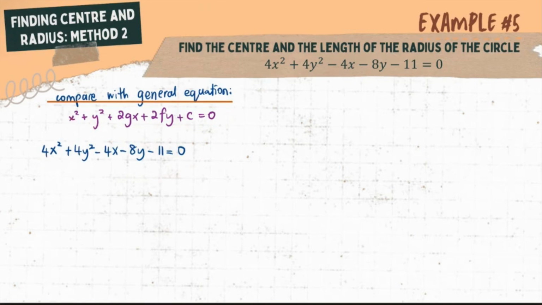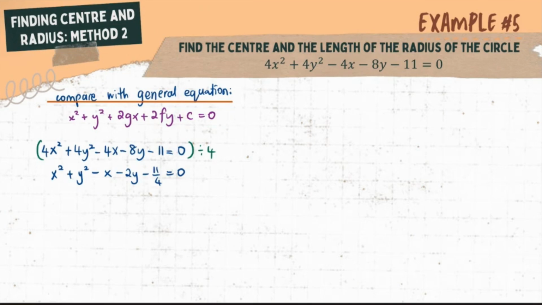So what we are going to do with this question, kita akan bahagikan the whole equation dengan 4. So here we get x squared plus y squared minus x minus 2y minus 11 over 4 equals to 0.